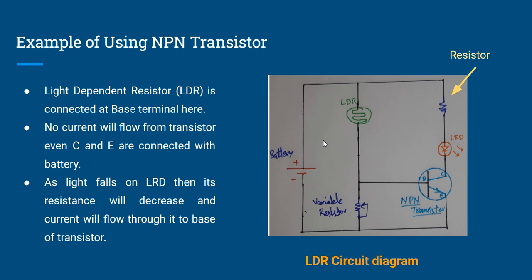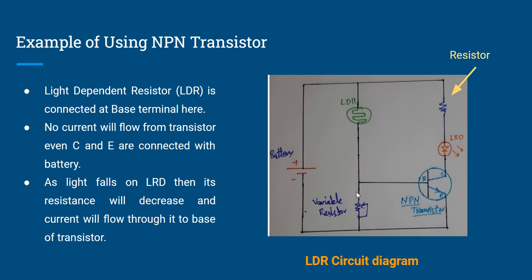The same thing which I explained before applies to this transistor. This battery, just take it as an LDR. This circuit will work only in daytime, because I am not giving you the values, just giving a good idea of how you can use a transistor in any circuit. This battery is going to give power to this one.